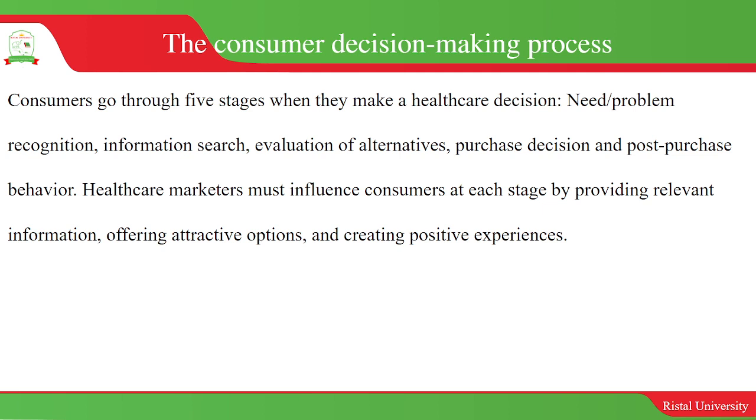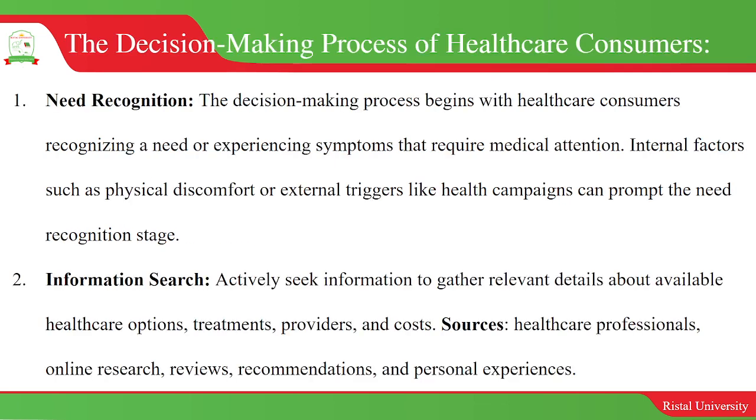Okay, for example, some people may have a health problem, but they don't know that they have that health problem, or they don't know that they can be helped with a particular health problem. Okay, so at that point, you need to let them know or recognize that they have a problem. Okay, and so on and so forth. So that is the first step, problem recognition.